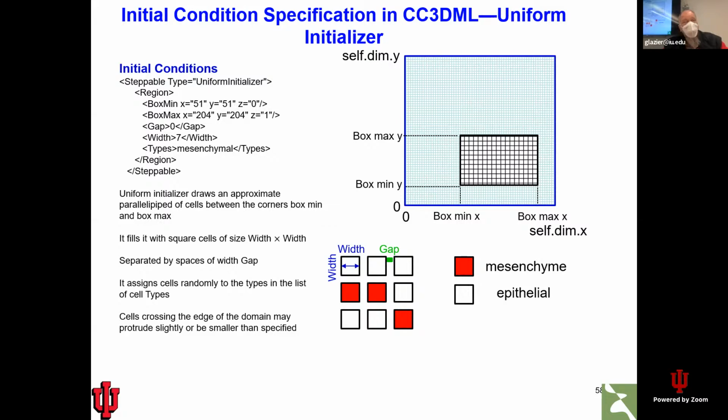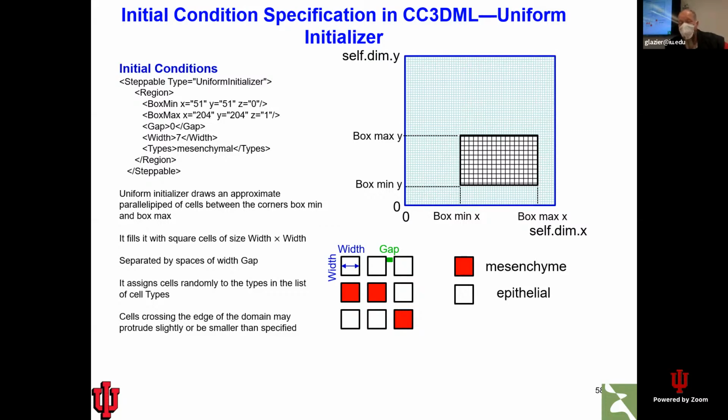The drawing algorithm isn't very smart, and so sometimes you'll have a situation where the cell will protrude a little bit, or it'll be smaller than it should be. In other words, if I define a box that's 49 by 49, so exactly 7 by 7 cells fit in it, I'm fine.